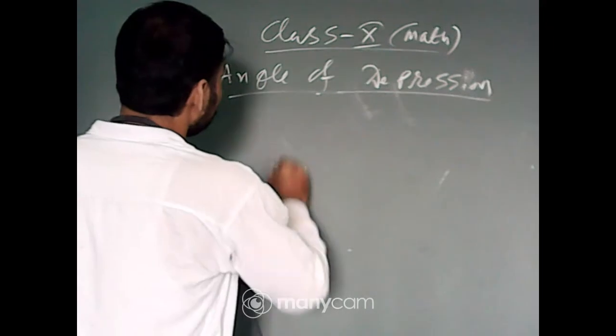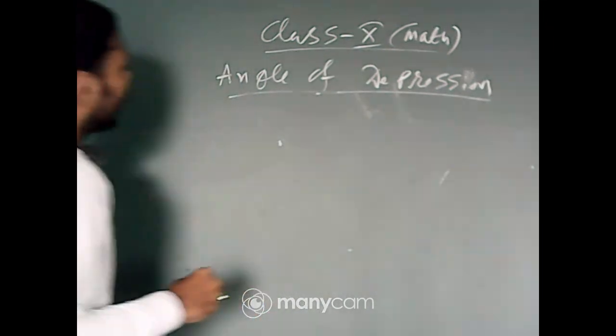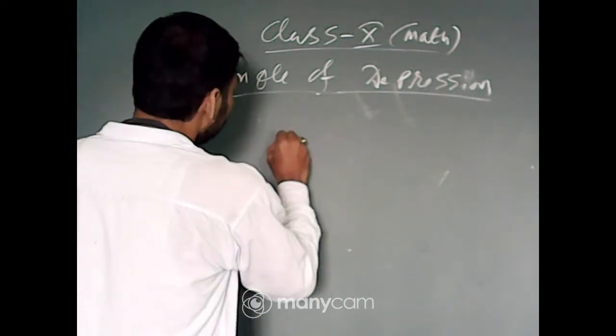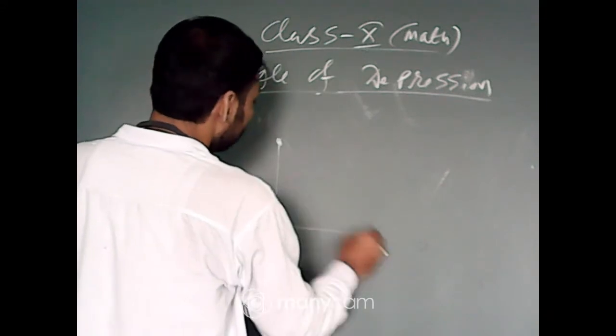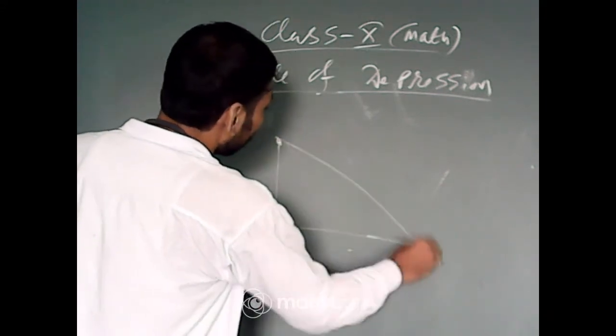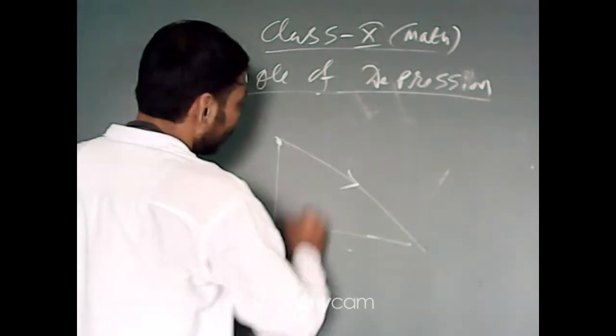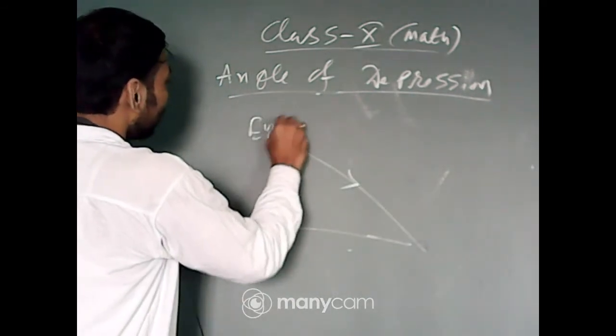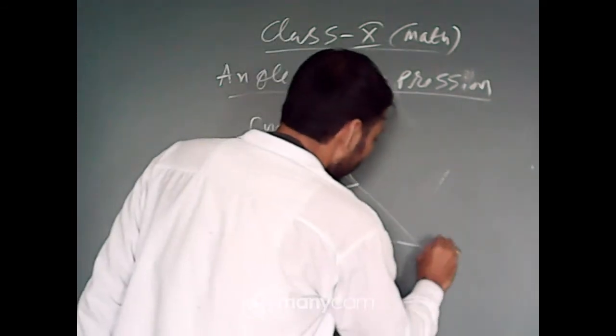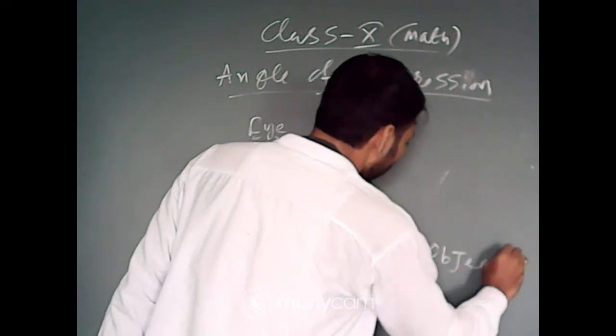Now suppose you are on the roof of your home. From there you are looking downwards. Now your eyes are here and there is an object at the ground level.